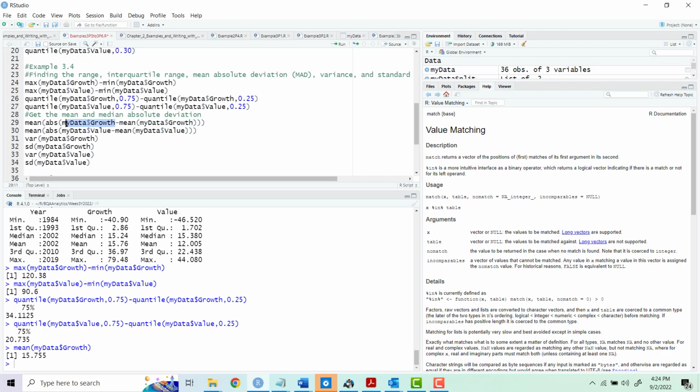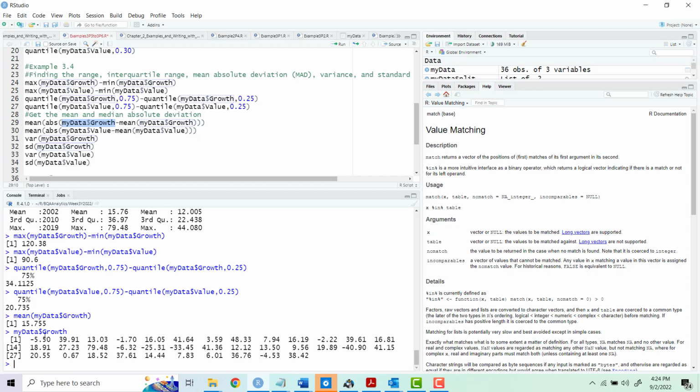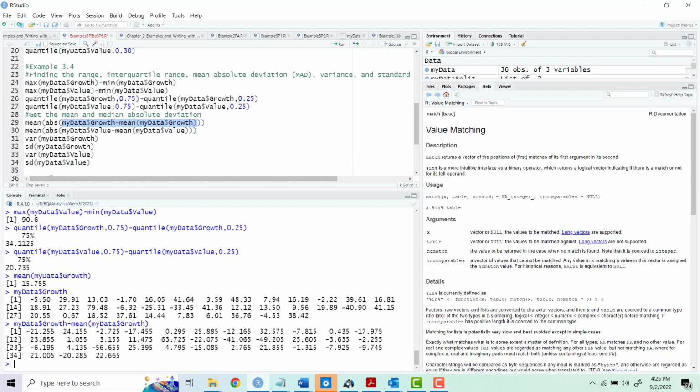We have all the growth values here, and we calculate each value minus the mean. These are the deviations.